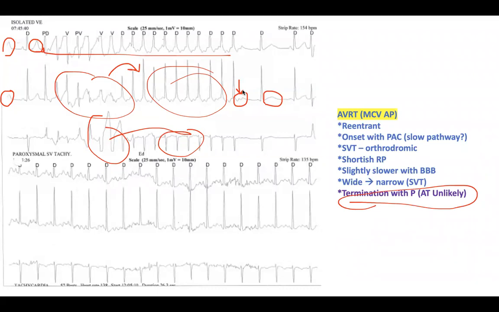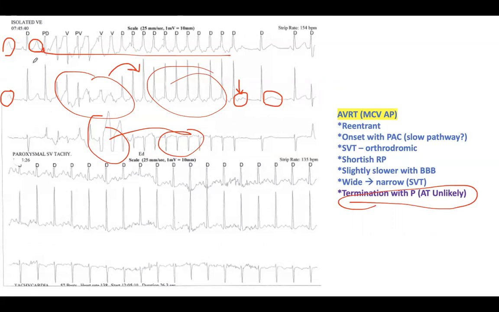Makes sense, guys? Agree? Okay. Again, if the tachycardia blocks in the AV node, meaning there is a P and then termination of tachycardia, then it's unlikely to be atrial tachycardia, because atrial tachycardia has nothing to do with the AV node.